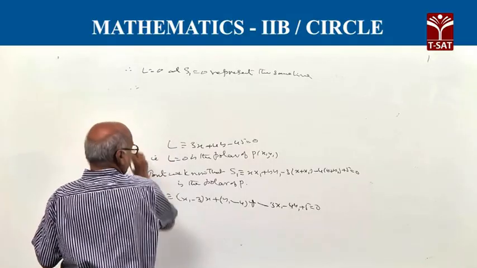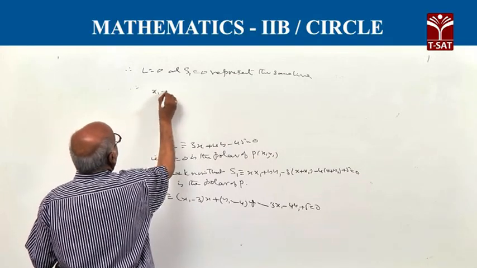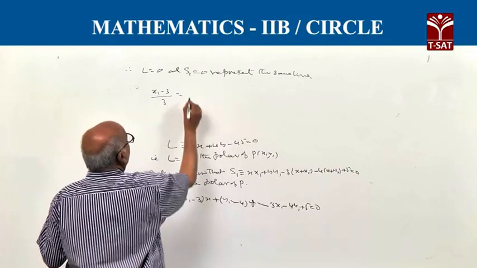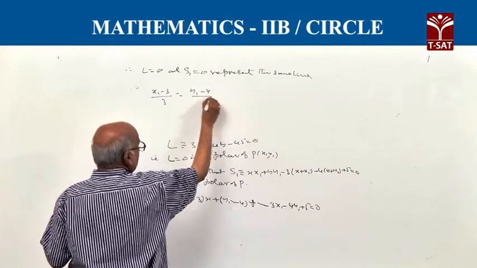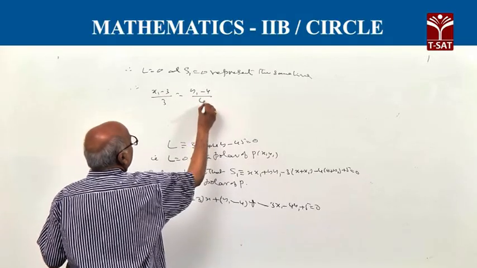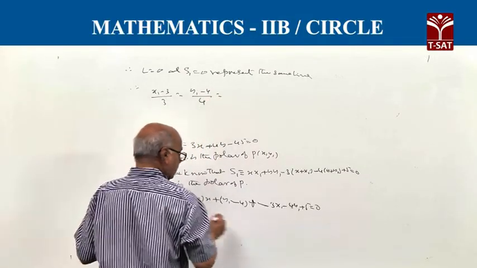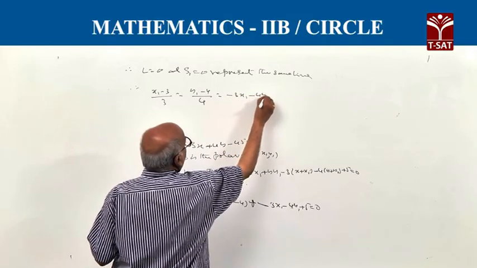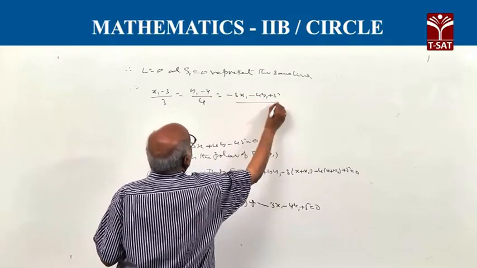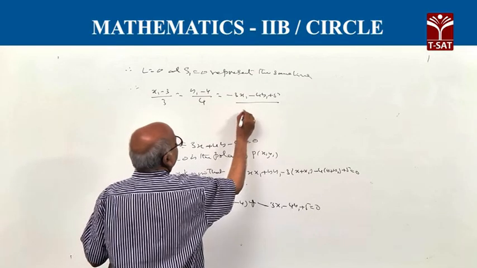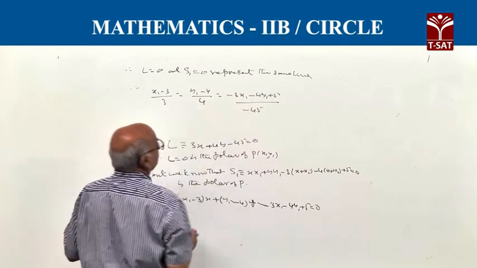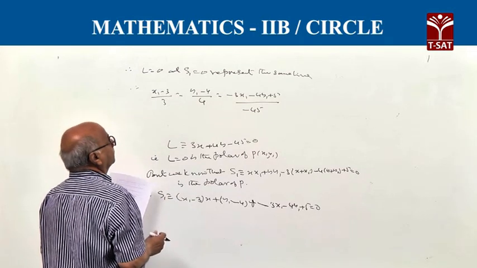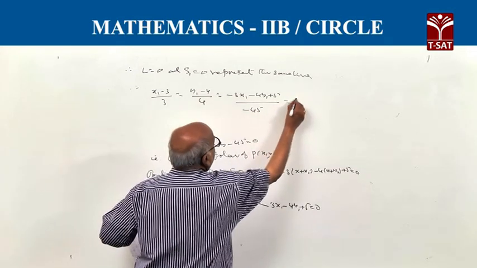So, therefore, you will have (x1 minus 3) by 3 is equal to (y1 minus 4) by 4 is equal to (minus 3x1 minus 4y1 plus 5) by minus 45. Suppose each is equal to lambda.